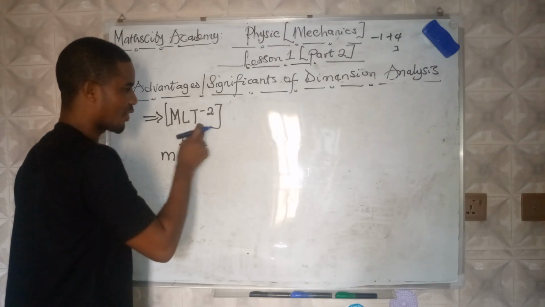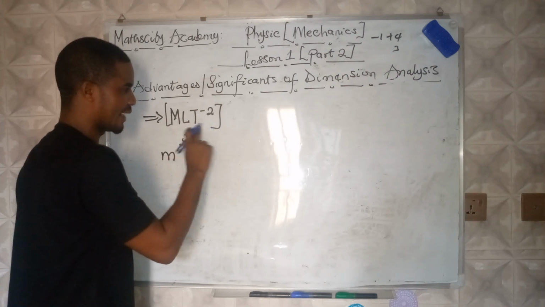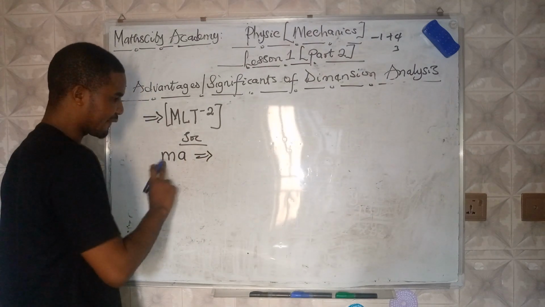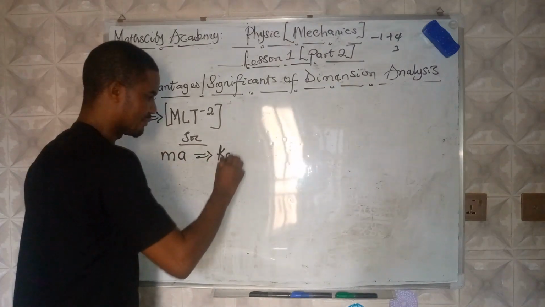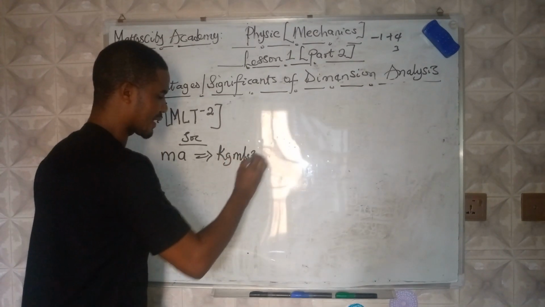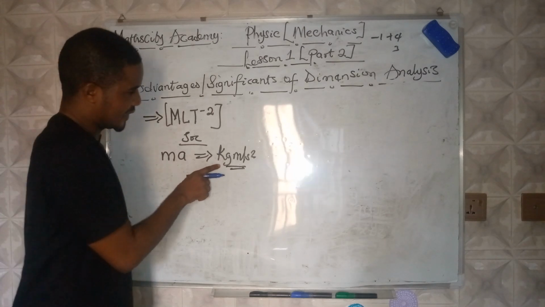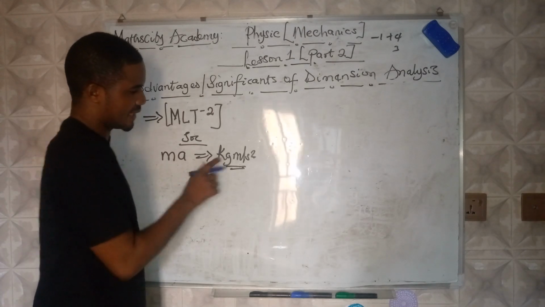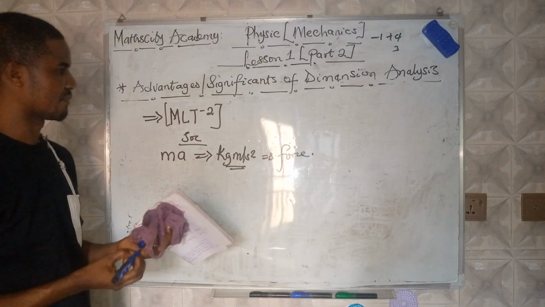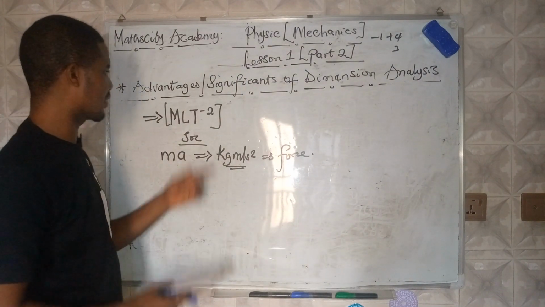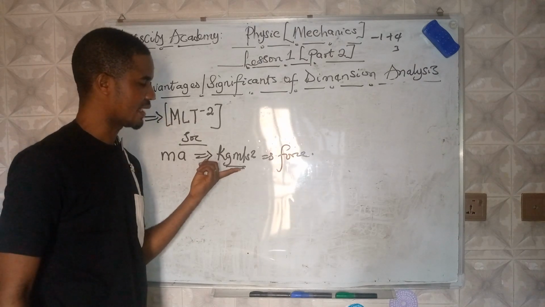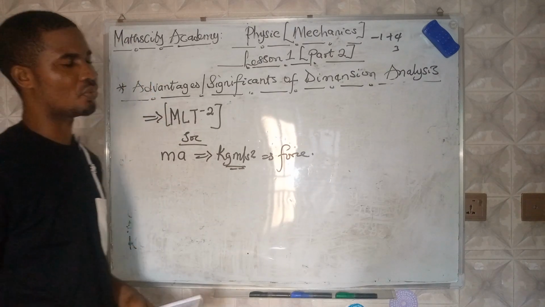So I have it to be A. The unit for M is kilogram, and the unit for A is meter per second squared. Which physical quantity has this kilogram meter per second squared? Force. I've answered that question. So what we are trying to say here is that if I know the dimension for a given physical quantity, I can give you the unit as well as even name the physical quantity.